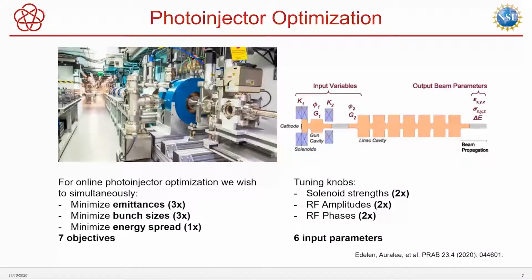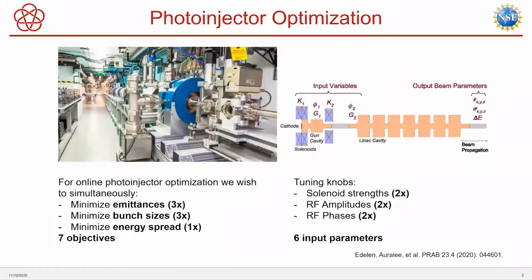For example, if we wish to minimize the longitudinal bunch length of our beam at low energies inside of the photoinjector, this often comes at a cost in terms of transverse and longitudinal emittances due to space charge effects. So as the bunch is compressed longitudinally, the space charge forces cause the beam to become more disorganized, increasing the overall emittance.